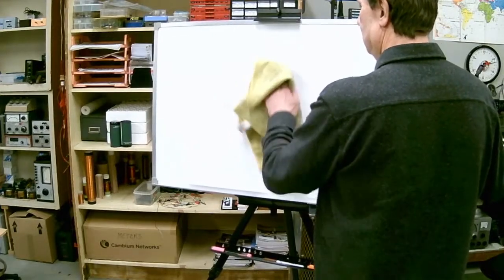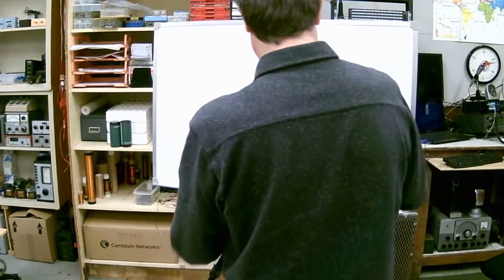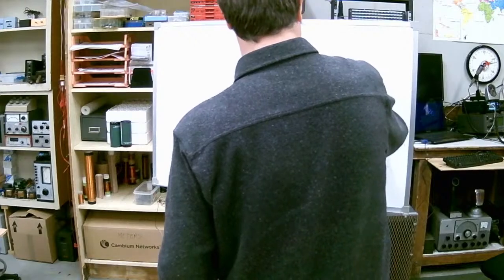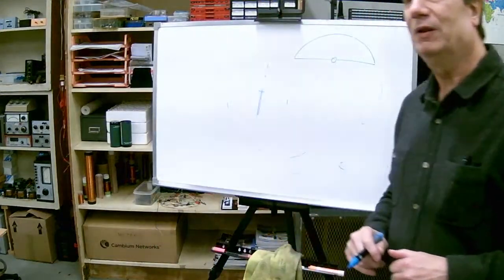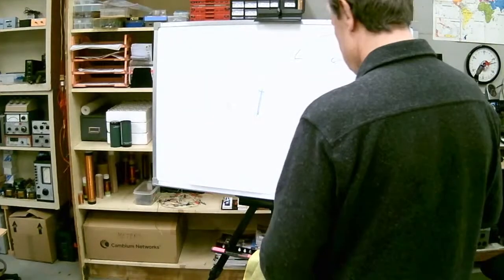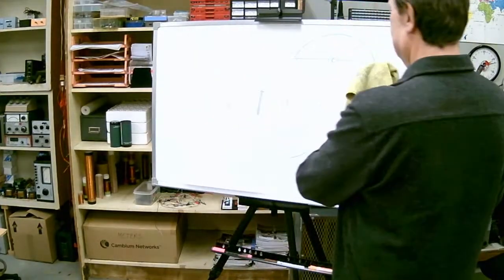Why did we take half of that again? That's your fundamental dipole length, and put the generator here, at the halfway point. Right, what the full wavelength was.